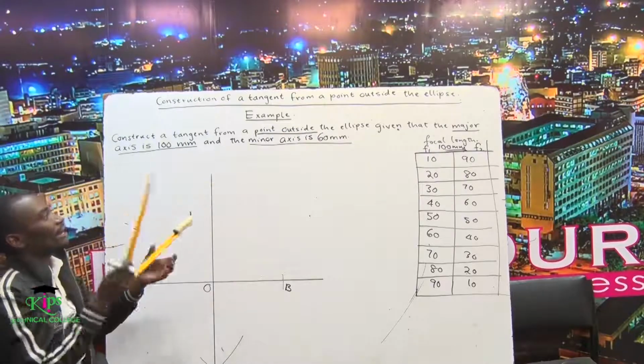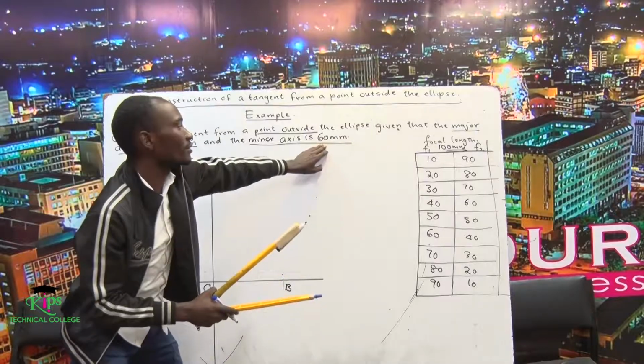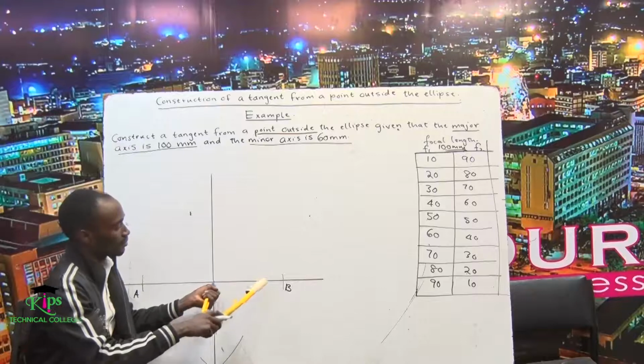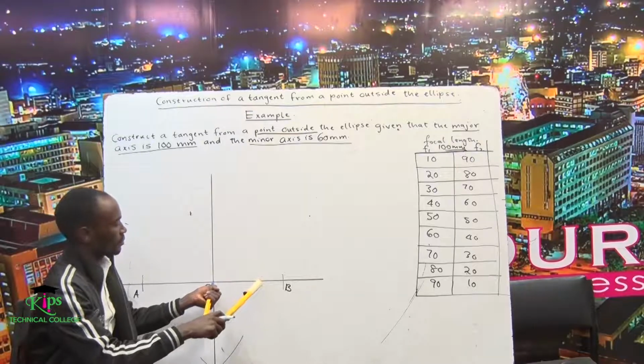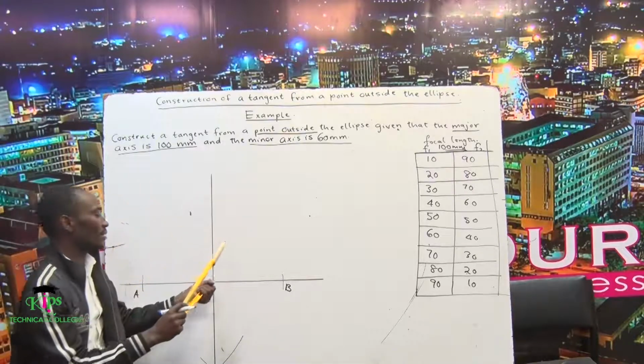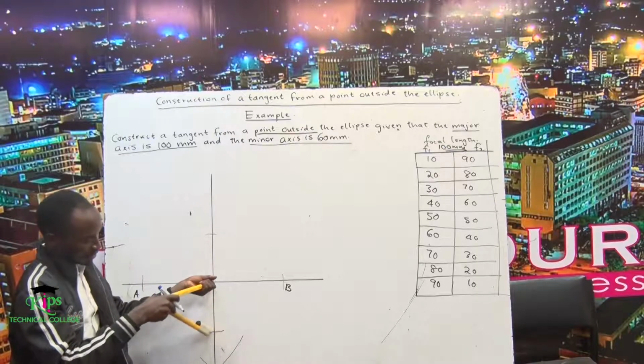Then we are in the minor axis. When you divide this by 2, you should get 30, so I should measure 3 centimeters. Put a mark, and again put a mark.